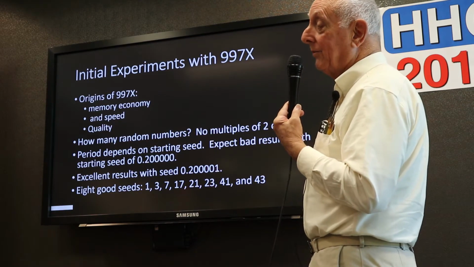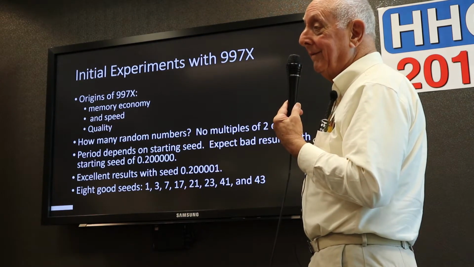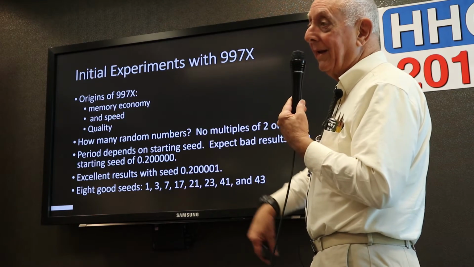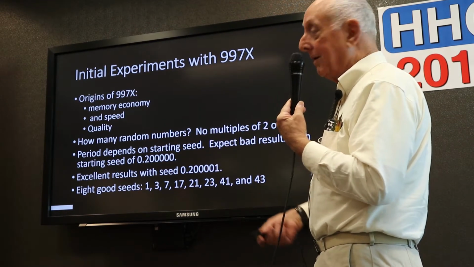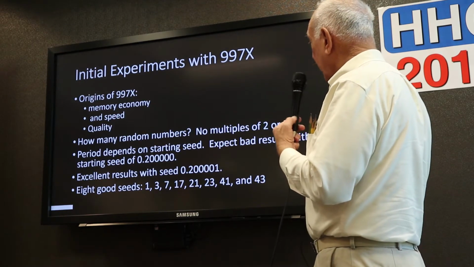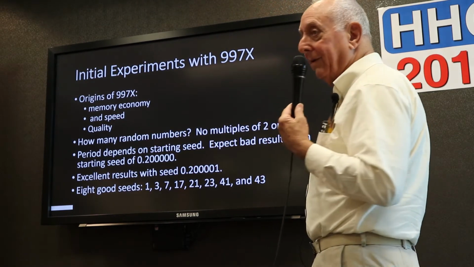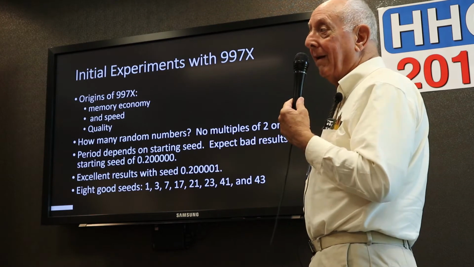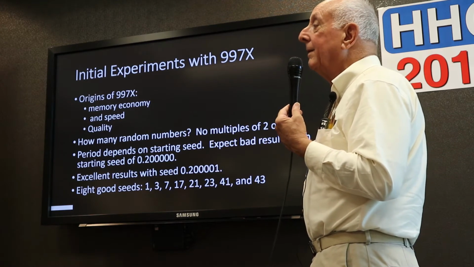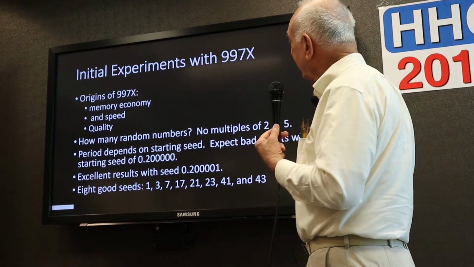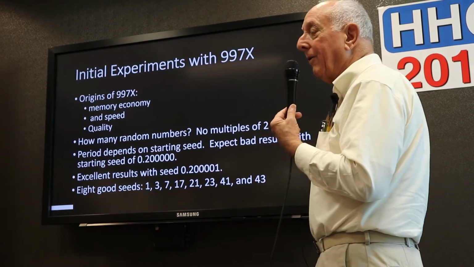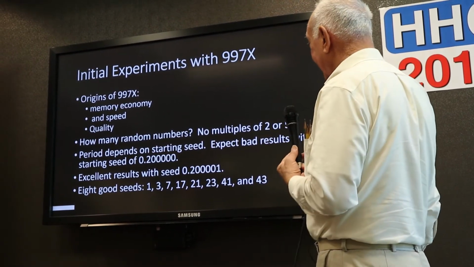If you have a starting seed that's an even number, all the remaining random numbers will be even numbers. So you don't want any multiples of 2 or 5. So that knocks you down to 400,000 out of the million possibles.